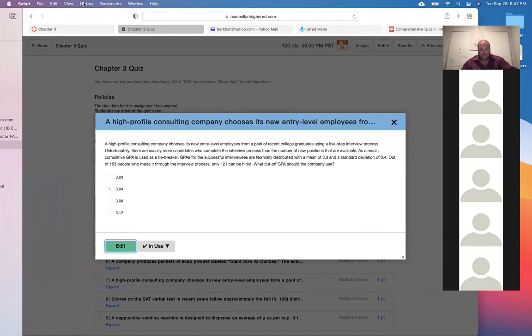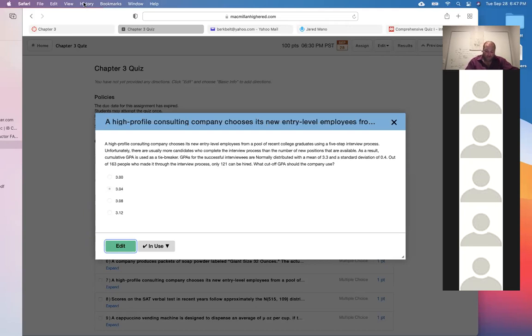GPAs for the successful interviewees are normally distributed, which means what? Normally distributed means what? It has a bell curve. Bell curve. That's it. With a mean of 3.3. What does that mean? Middle would be 3.3. And a standard deviation of 0.4.